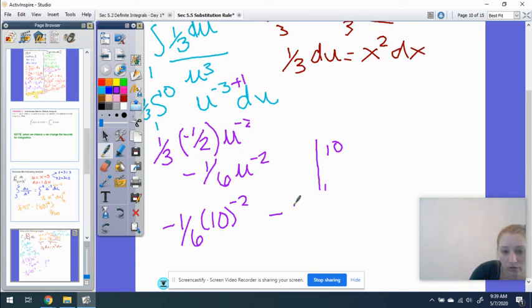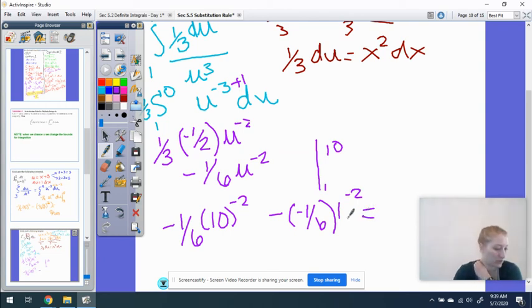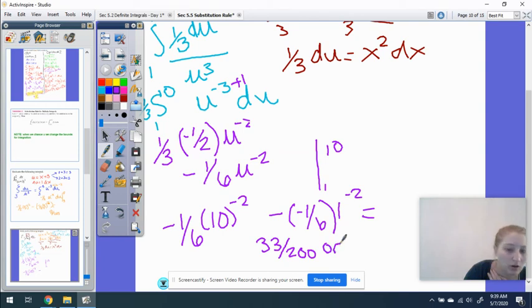Okay, so now negative 1/6, 1 to negative 2. All right, now I'm back on track. Okay, so if I plug that all into the calculator, you are going to get 33 over 200 or 0.165. Okay.